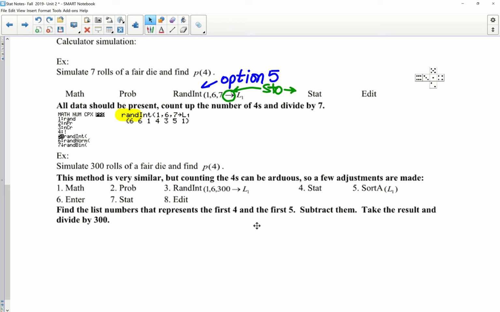Oh, okay, yeah, you actually do put the L1. And then when you do that, you see, you get the same values, right? Oh, you have a different display. So it's the same numbers, just you're going to put the 1, the 6, and the 7 here. What's the 7 for? 7 rolls.